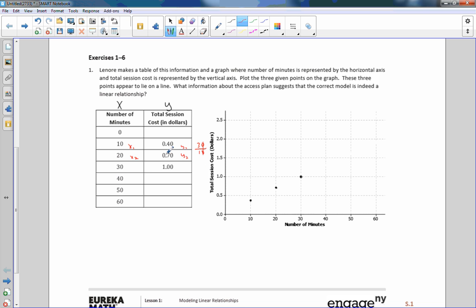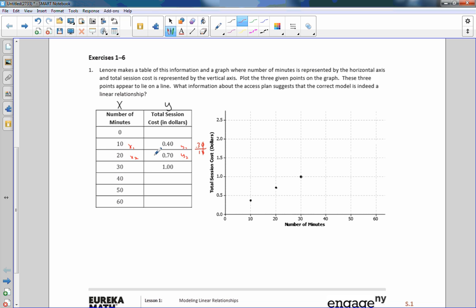Okay, so for every 10, it's changing 30 cents. So it'll be 0.3, or 3/10. So 30 cents per 10 minutes is what's changing. So here's 10 minutes, 40 cents.